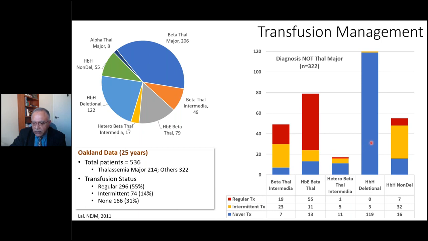But if you look at the alpha thalassemia syndromes, almost no patient with deletional hemoglobin H has received even a single transfusion, whereas the non-deletional patients are at higher risk for intermittent transfusions, but only a few of them get put on regular transfusions.